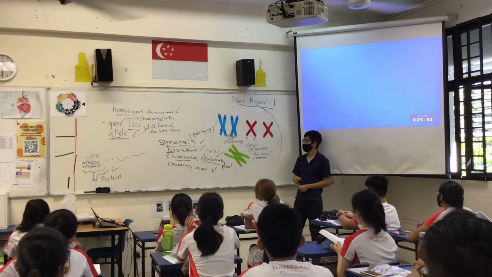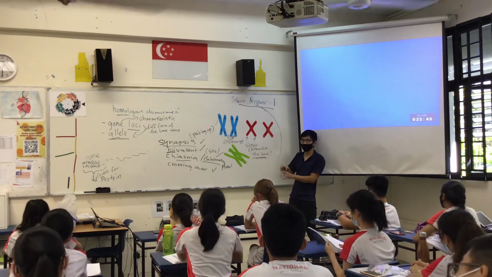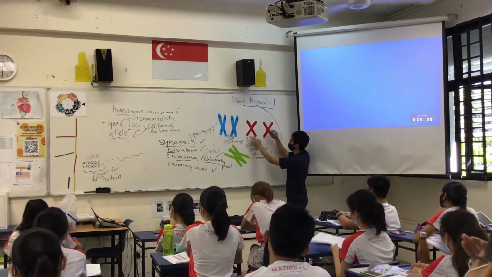Why are they the same? Why don't you find sister chromatids existing in this form at the start?